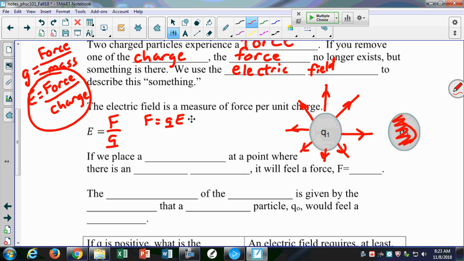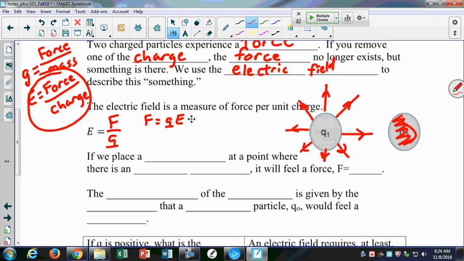So I imagine I have an imaginary positive particle, and I ask myself, what is the direction of the force on that imaginary positive particle? If this is a positively charged particle, which we're assuming it is, then the force is going to be repulsive. So if I put an imaginary positive particle right here, the force vector would point out. If I put it here, here, anywhere along here, all those vectors are going to point radially outwards.